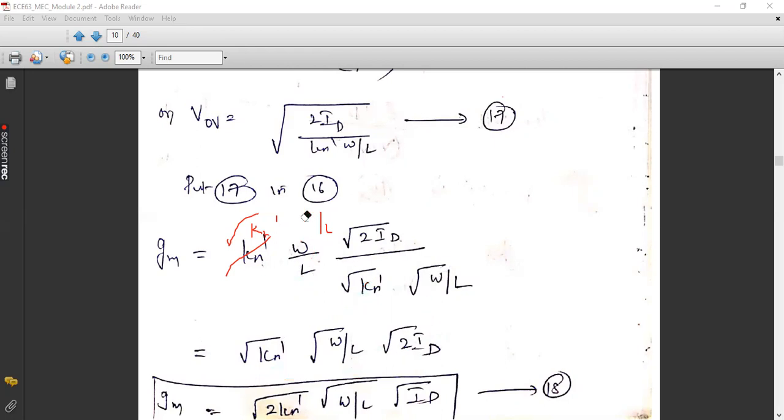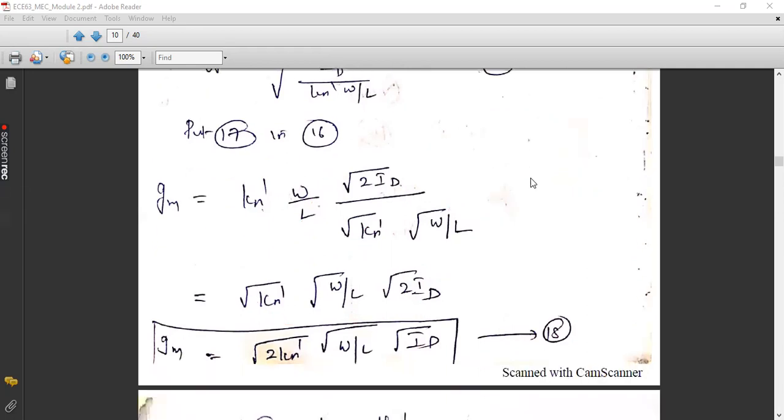From this, it is evident that GM increases with the drain current. Correct? If current increases, normally conductance will also increase. At the same time, if you are able to maintain a higher aspect ratio for the MOSFET, then the conductance can be increased. Logically, it is correct, because if you can maintain a higher width for the channel during the manufacturing process, then the rate of flow of electrons will be more, and it will affect the conductance also.